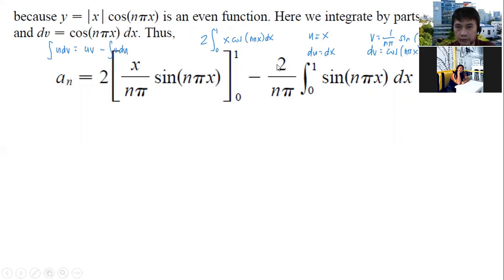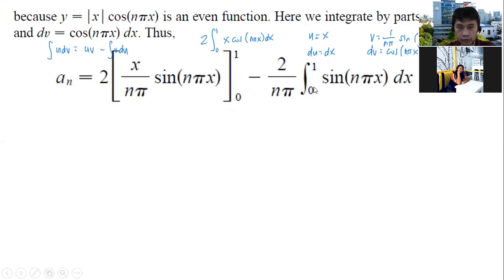We need to distribute the 2 here because this can be broken down into two terms. Since we have a negative sign, we factor out -2 over n pi, times the integral from 0 to 1. Then our v left here is sine n pi x dx.